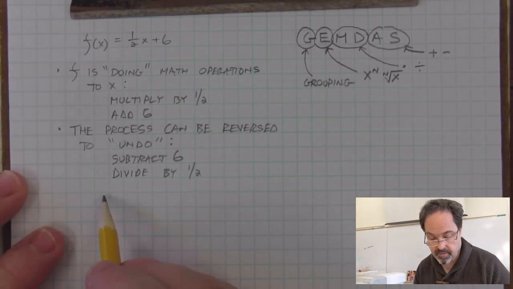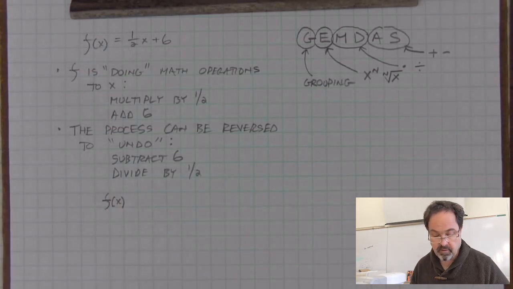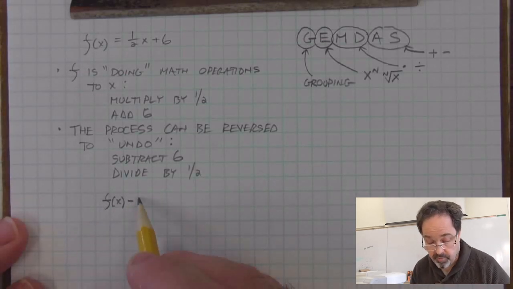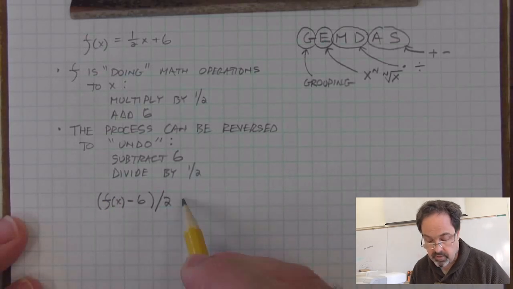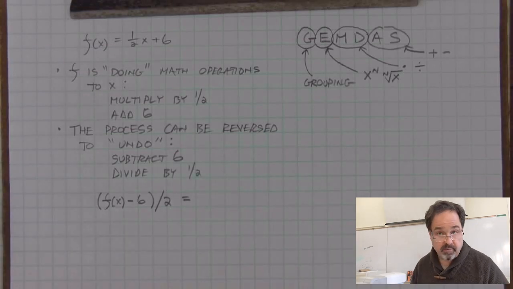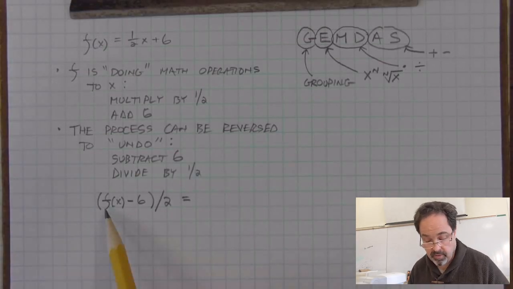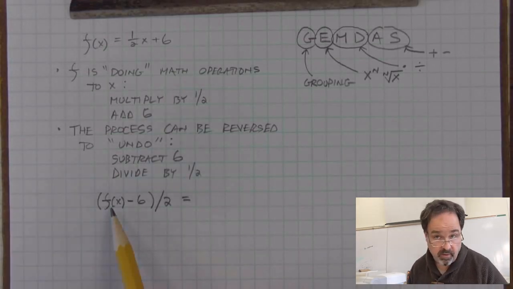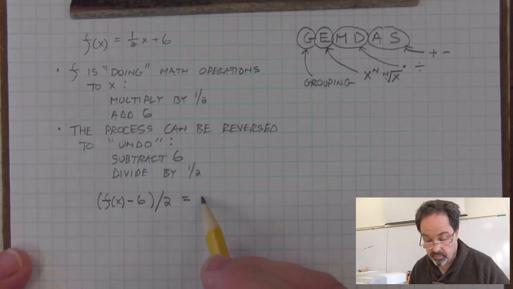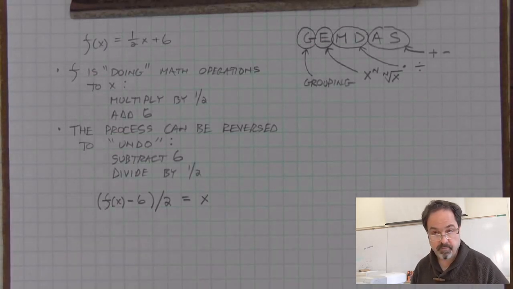Symbolically, that means that if the f function takes x, we can undo the f function literally by subtracting 6 and then dividing by 2. And what we would get if we did a process to x and then undid it would then be x.